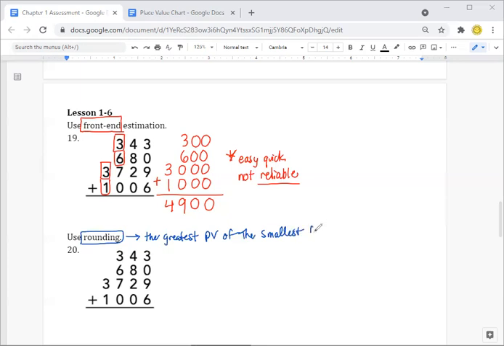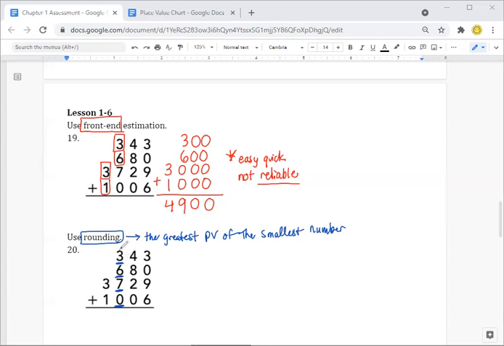So let's go find the smallest number. Looks like this right here, 343. And the greatest place value is the hundreds position. So for the entire problem, we're going to round to the hundreds position. You find the greatest place value of the smallest number.